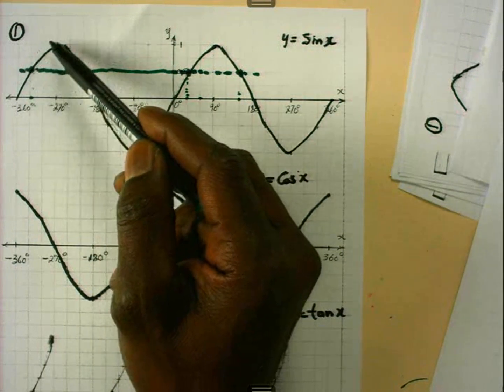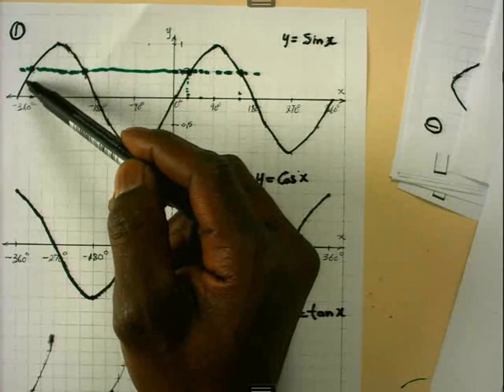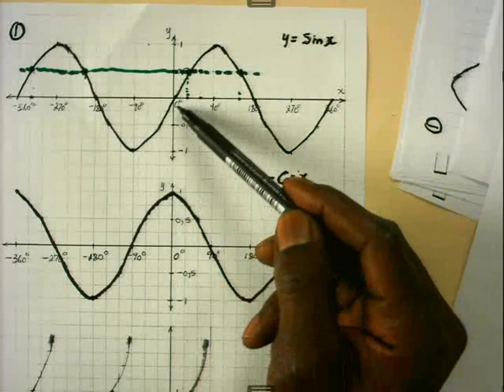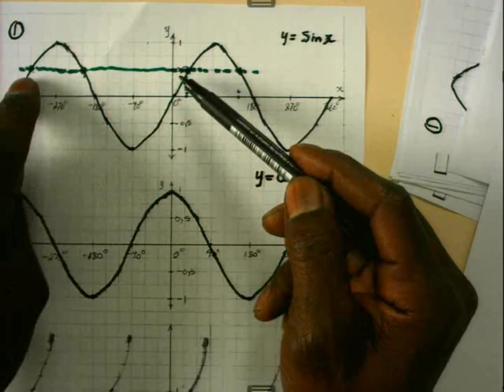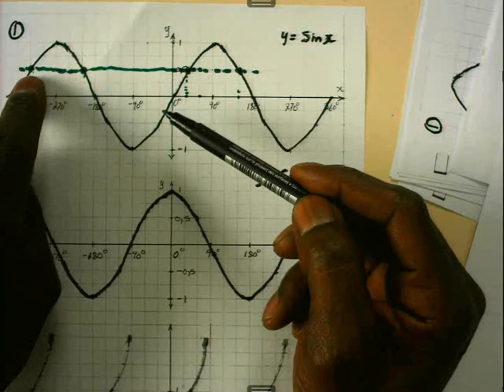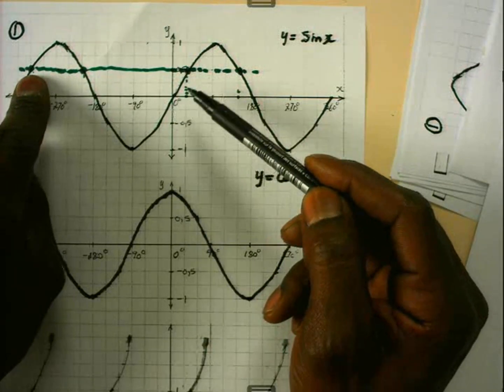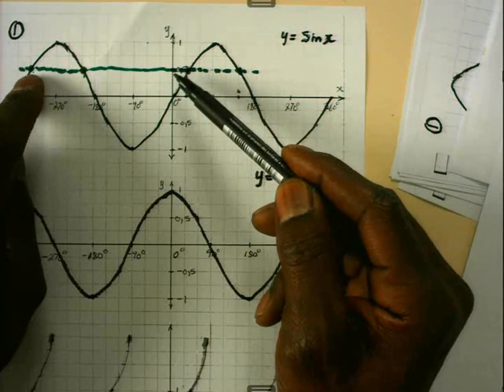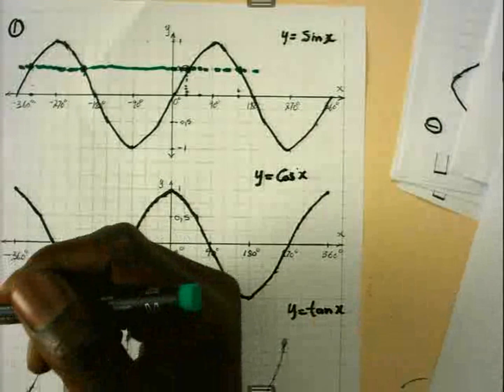I want to be at the position where I'm moving up, and that will be the solution. If you count the number of degrees from here up to there, it will be 360 degrees, which is making one revolution.